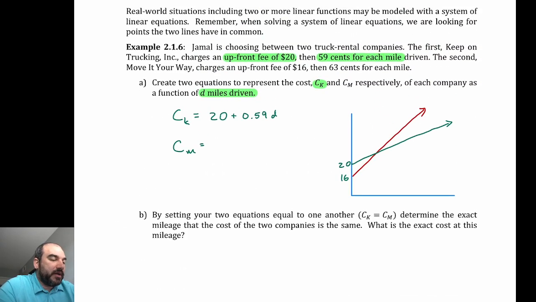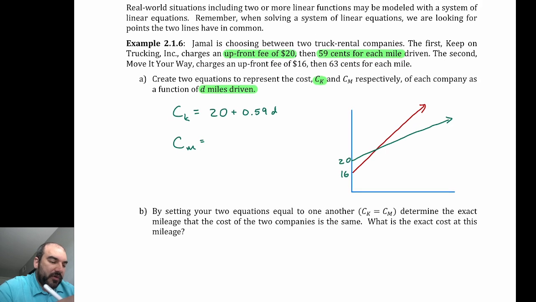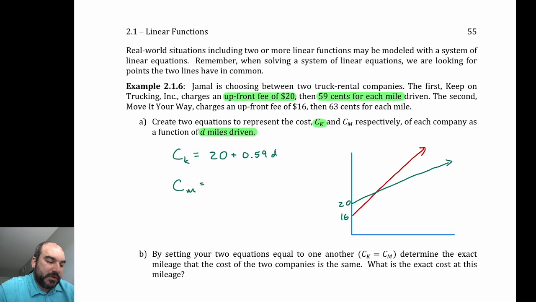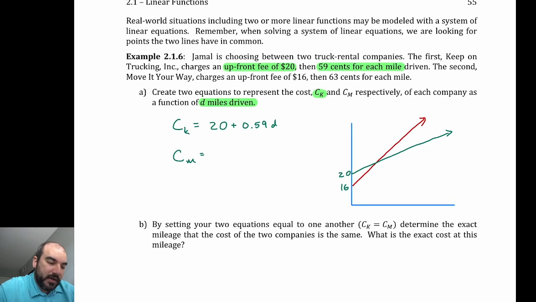But if you're renting a truck, then something like this you might see if you go to U-Haul versus Home Depot. If you rent a truck, or if you rent a car from two different rental companies, you may have something like this where they give you an upfront fee and a per mile rate. So this is more of a real world situation that can come up in your lives. The phone thing doesn't happen anymore, but it used to. And so we use the truck company example instead.